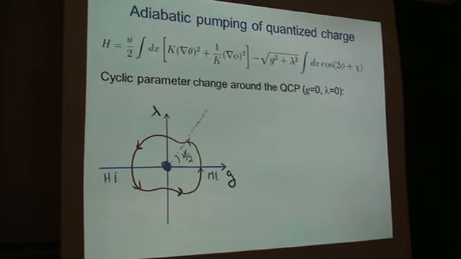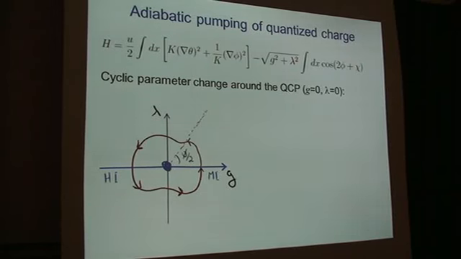Let me go on. Okay, so now adiabatic pumping. I already kind of hinted towards the fact that when you change g in presence of a finite lambda, you sort of move the particles around.